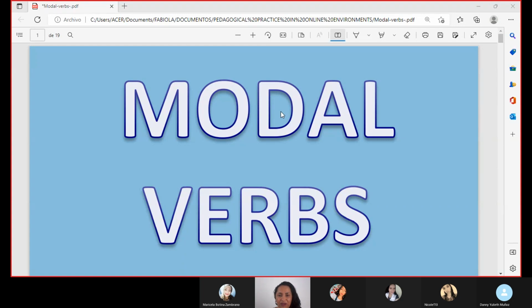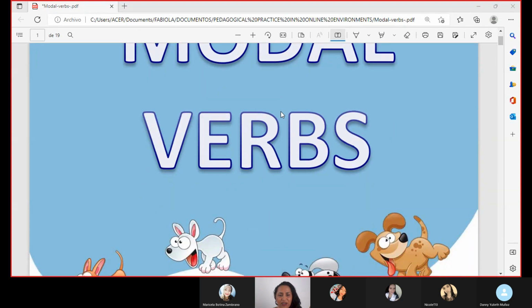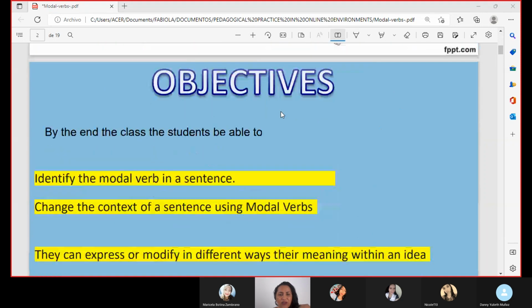There are other kinds of verbs, the modal verbs, and I will start with this one. What is the objective for this class? Please, Marisela, read the objectives, please. Objectives: by the end of the class the students will be able to.